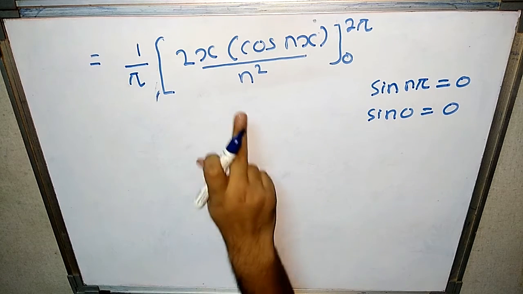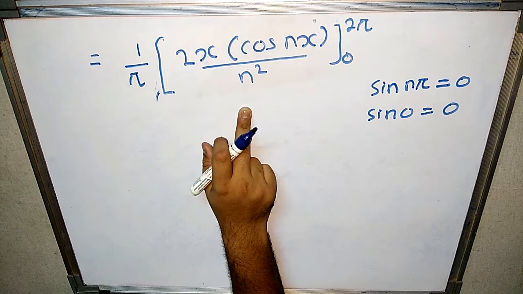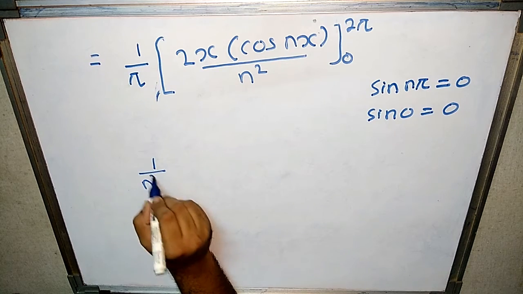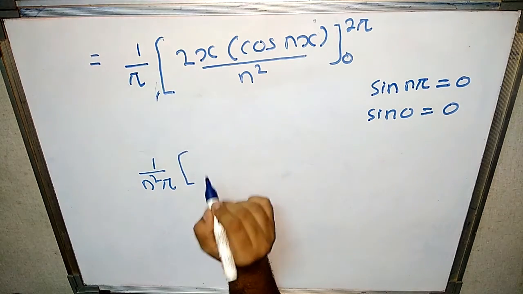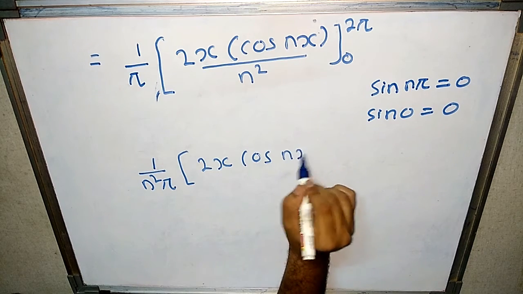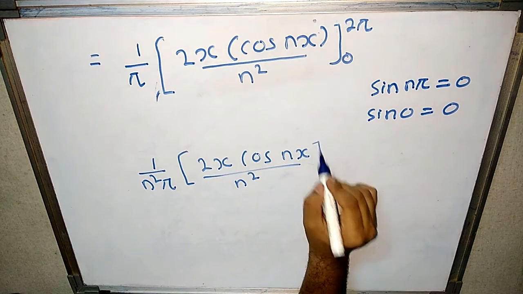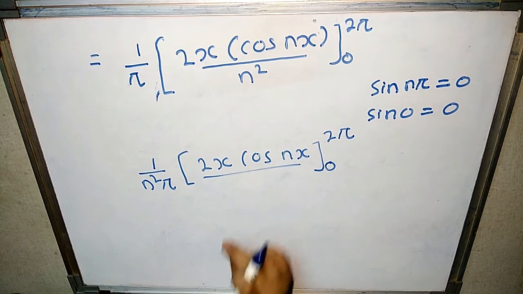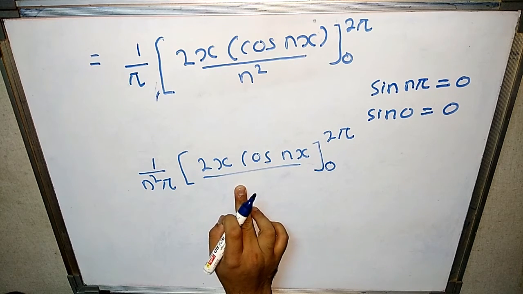Therefore, we get this thing. Now solving this, how to put limits in this?